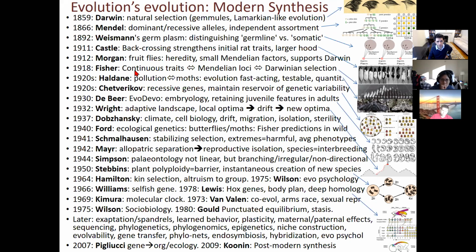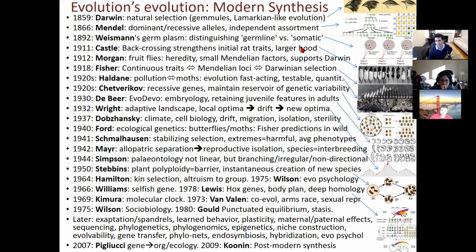We already talked about Fisher and this unification of continuous traits that are simply governed by many Mendelian loci, and therefore Darwinian selection can still act within that. Morgan before that was looking at fruit flies and heredity and very small Mendelian factors still supporting Darwin. And Castle was looking at back crossing, which in fact strengthens the initial rat strains with a larger hood.